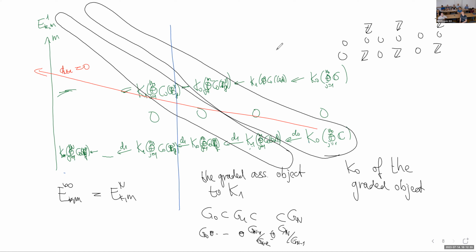Now, if you look at the differential, it goes k times to the left, k minus 1 times, so you always hit 0. So this is already the infinity page.